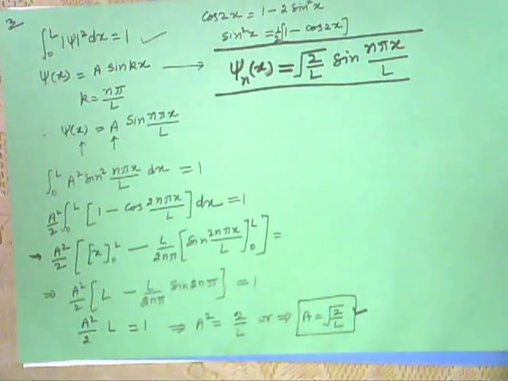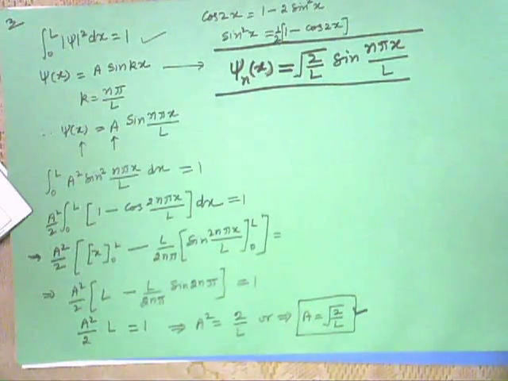Now we can plot the graph between the wave function and the probability.